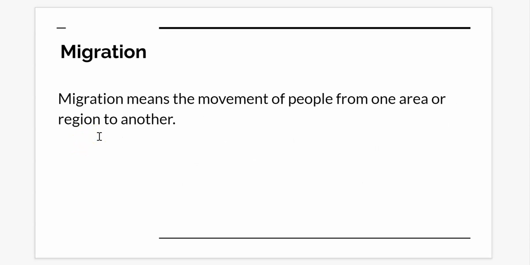So first, let's talk about migration. Migration is the means of movement of people from one area or a region to another. So, for example, my wife, she grew up in Mesa.